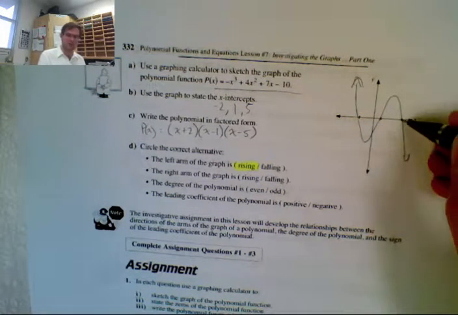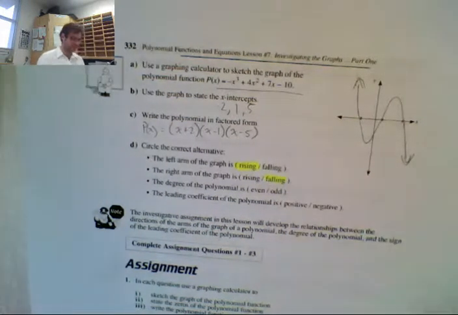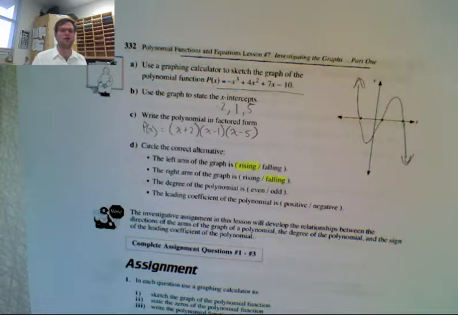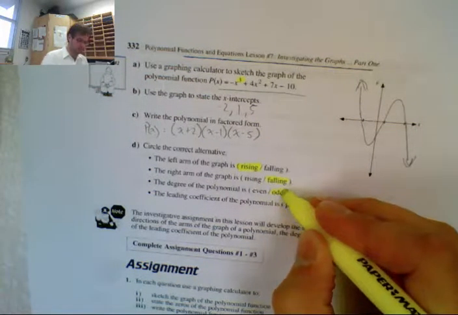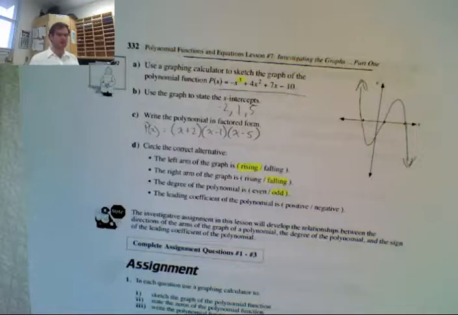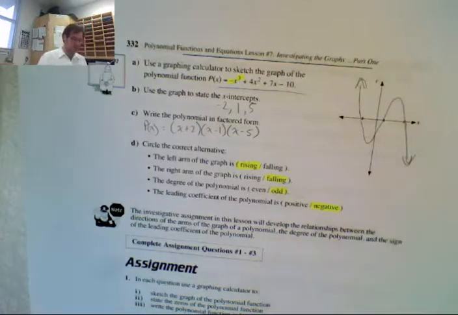My right arm is down here, and this one here is falling. It's going down. Then the degree, is it even or odd? Well, we are degree 3, so it is odd. Then the leading coefficient, is it positive or negative? I look at my leading coefficient, and it's negative.